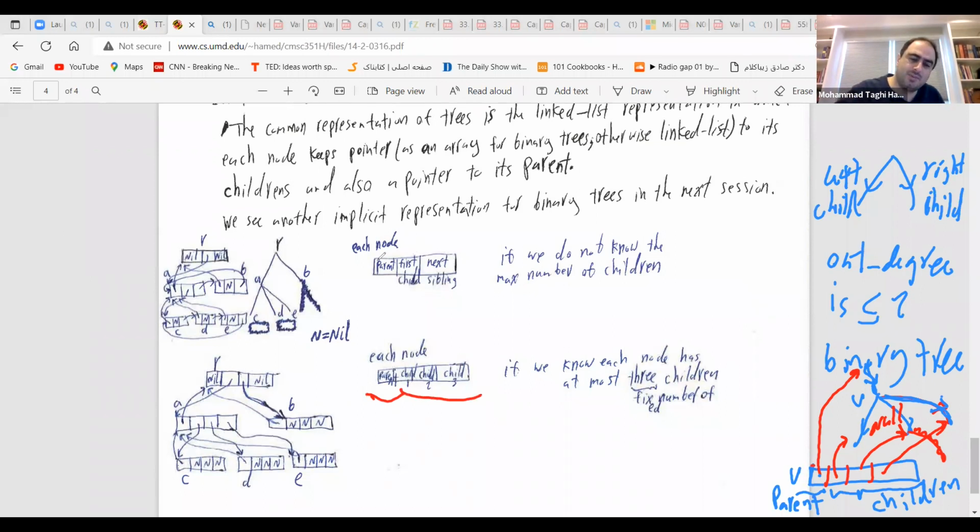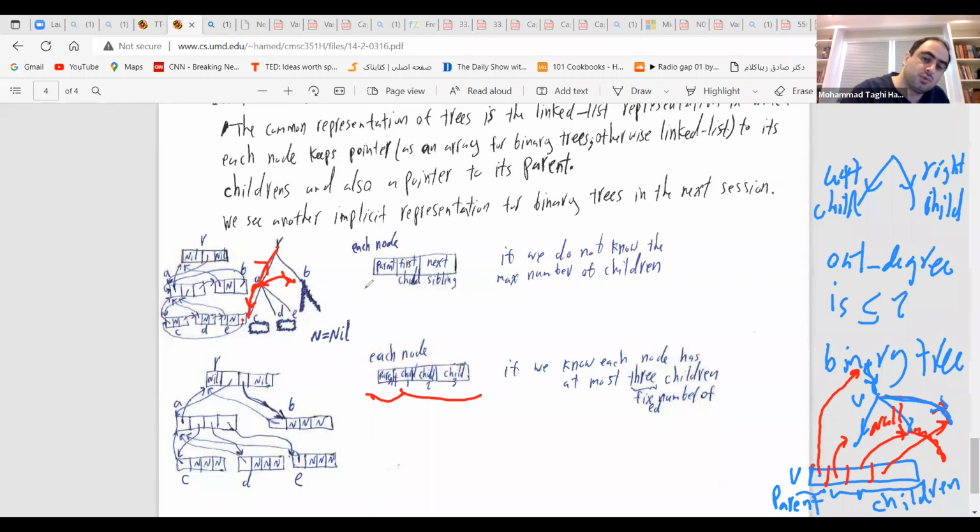There is also another way that you can represent it. Fewer people are using this one. If you do not have a binary tree, and you still do not want to use a linked list, you can use this one. Each vertex has 3 pointers: one to the parent, one to your first child, and the other one to your sibling.